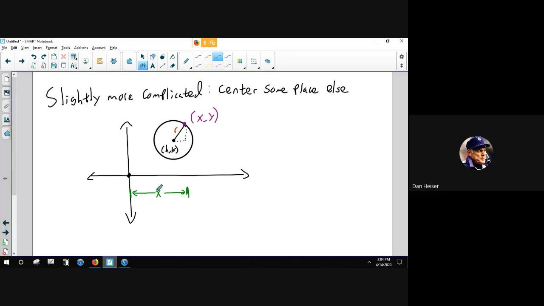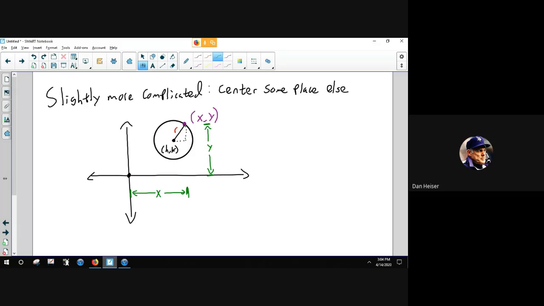That's the value of x. To get to this point, I have to go over x, I have to go up y. So y will be this total vertical distance. I can go ahead and label that. There's y.